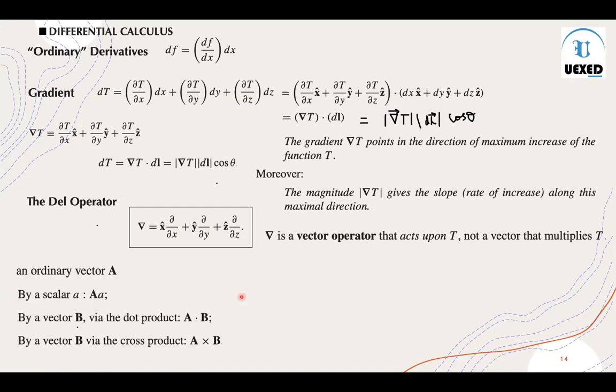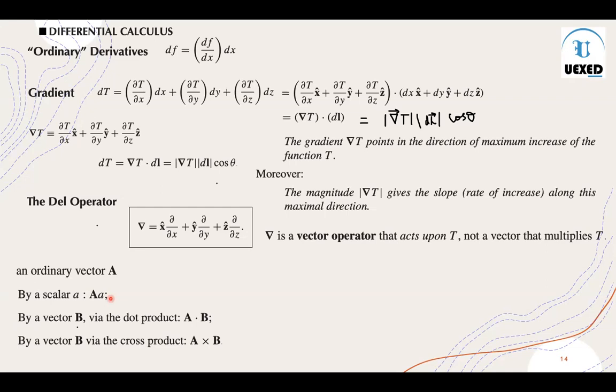Good. So first let's know the property, what is going to happen here. If you have an ordinary vector A, and you multiply by a scalar, simply this vector is multiplied by that scalar, and by that multiplicative factor you have scaled that vector.